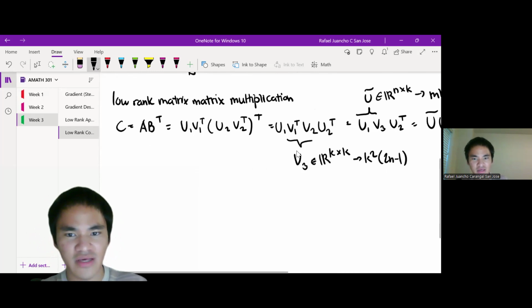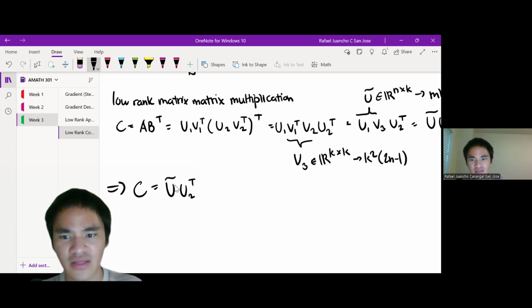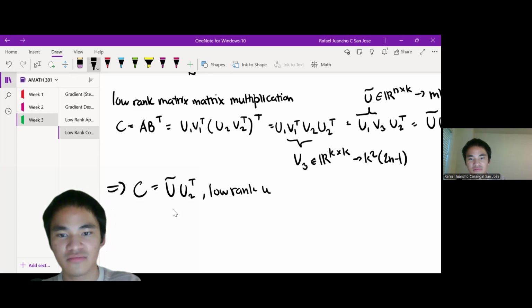And so I'm going to say that my C is now U tilde, U sub 2 transpose. And this is a low rank form with such complexity.